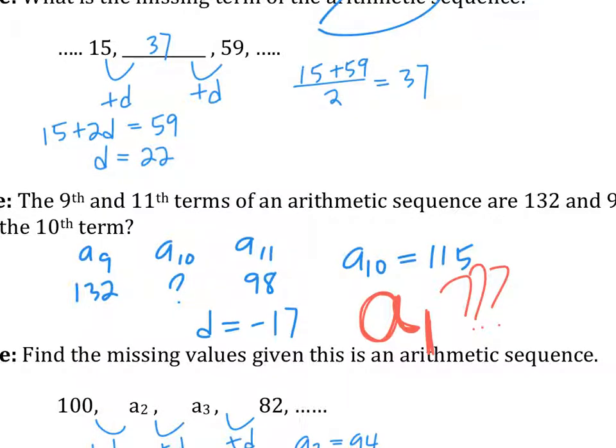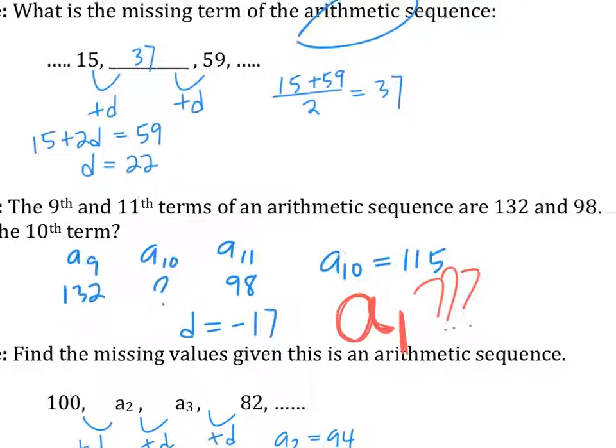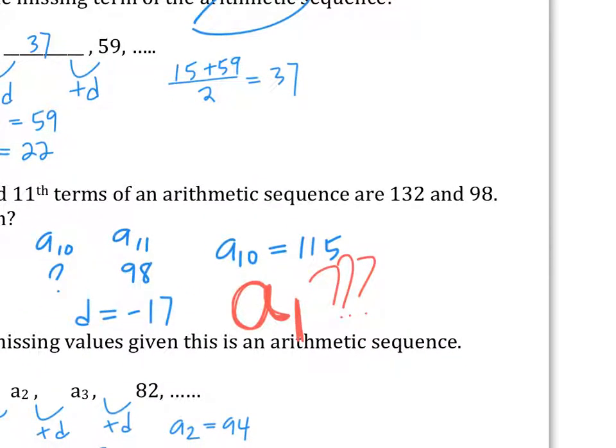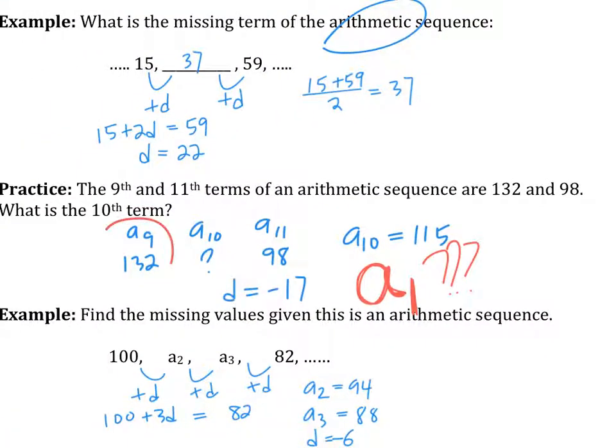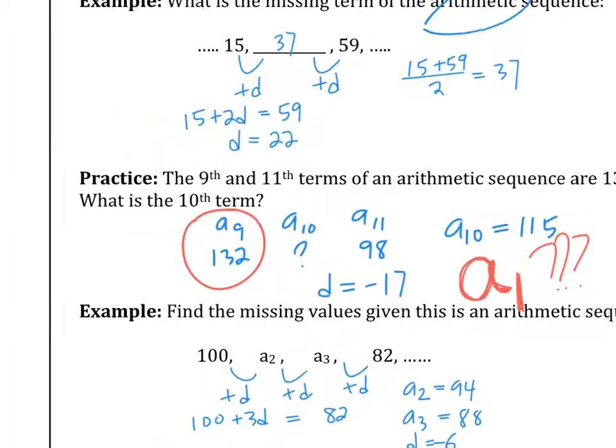Any brilliant ideas? Keep using your calculator until you get to A1. That works too. I mean, if there's nothing else you can do. Any thoughts? No thoughts? Yes, use the explicit formula, but how? Well, we know the 9th number is 132, right?